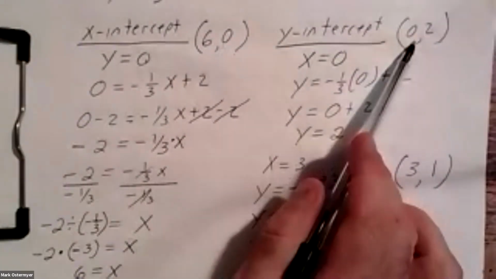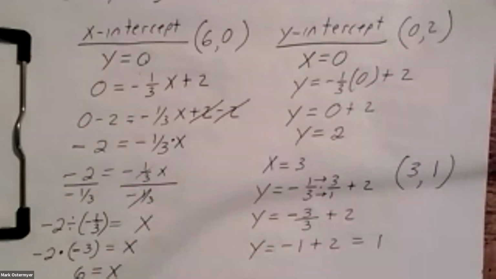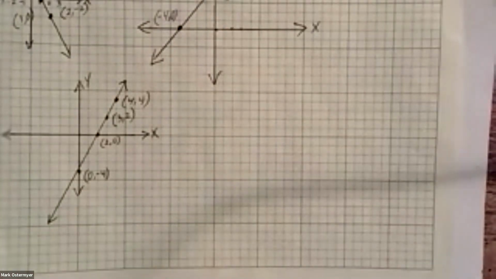Ladies and gentlemen, we have 3 unique points or solutions to my equation. We should be able to plot them and graph this linear equation. So take a piece of graphing paper and get yourself a ruler.